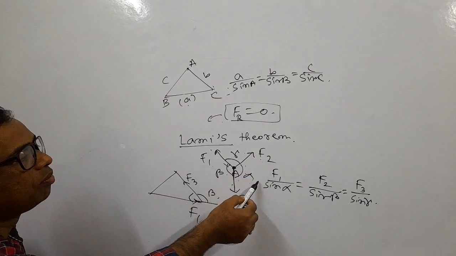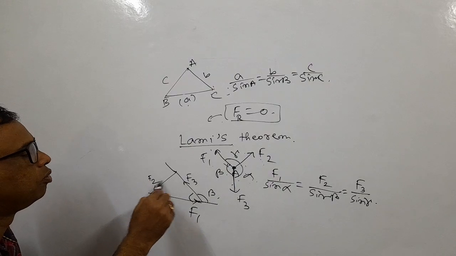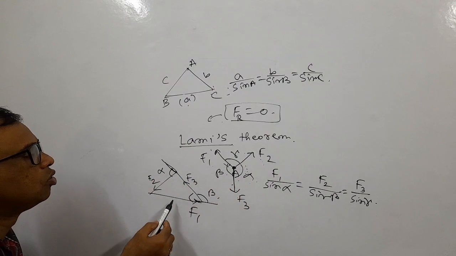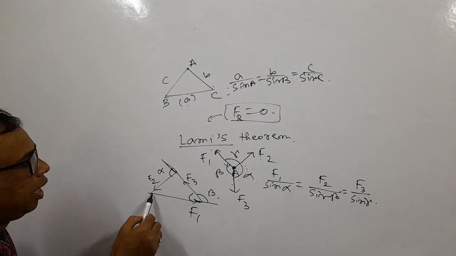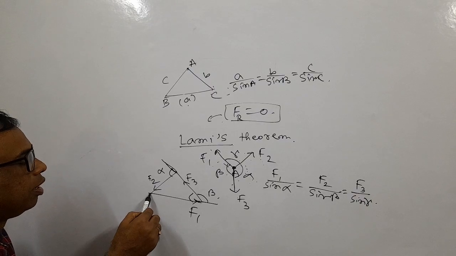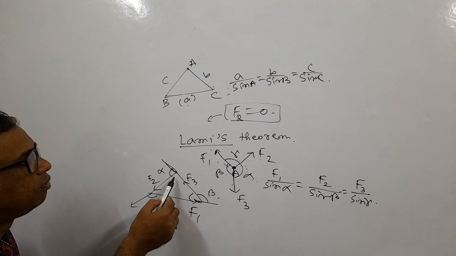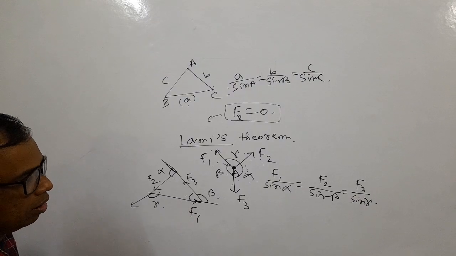F2 makes an angle alpha with F3, so this will be 180 minus alpha. And between F1 and F2 is gamma, so this will be 180 minus gamma. So that is 180 minus alpha, 180 minus beta, and 180 minus gamma.